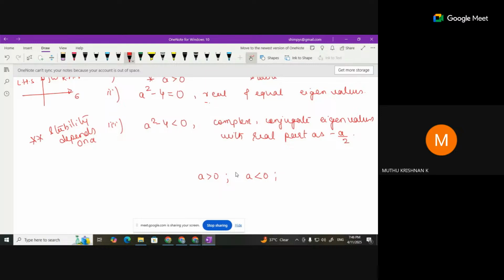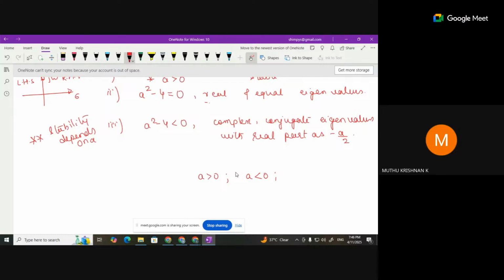And if A is equal to 0, I think it's on the imaginary axis, right? Yes, imaginary axis. It will be marginally stable. Now it is fine with you?